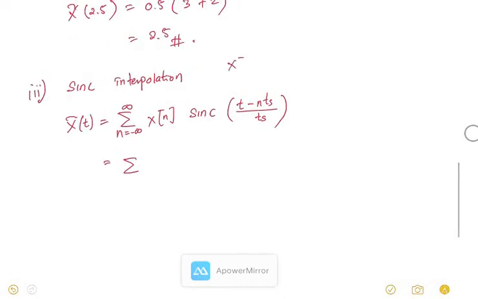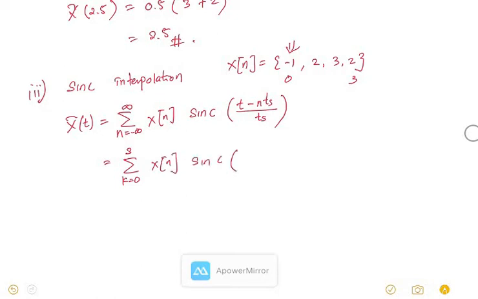Your x[n] is -1, 2, 3, and 2, so your n value is from 0 to 3. Ts is 1, so it's t minus n only over 1. I would say just t minus n will be enough.